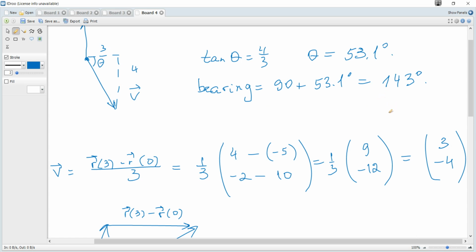Bearing we give as 3 whole numbers. If there are only 2 digits, you should write a leading zero, like 043 or something like that, and decimals are not required. So the bearing is 143 degrees.